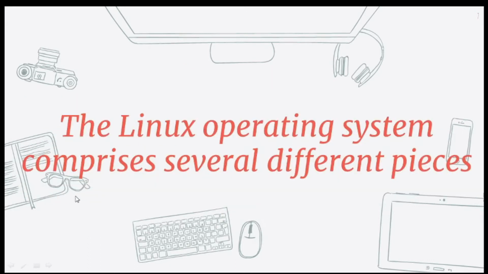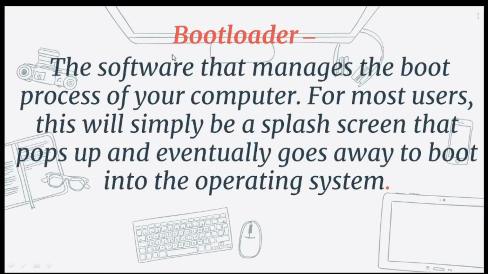The Linux operating system comprises several different pieces. First is the bootloader. What is a bootloader? The software that manages the boot process of your computer. For most users, this will simply be a splash screen that pops up and eventually goes away to boot into the operating system.